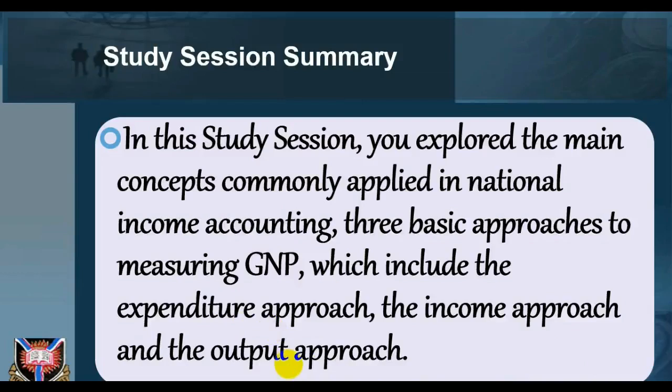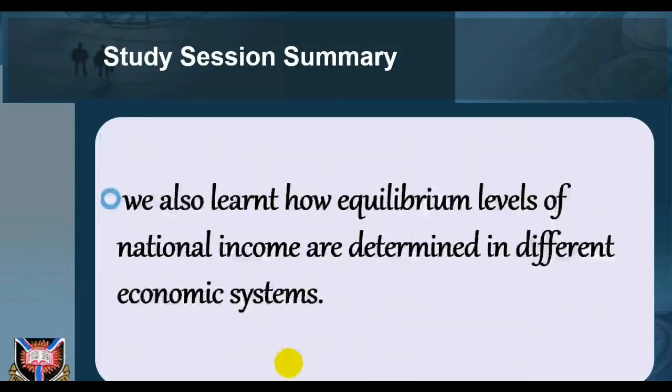In the course of this study session, you also learned how equilibrium levels of national income are determined in different economic systems. The equilibrium conditions in all these different economic systems are basically the same.